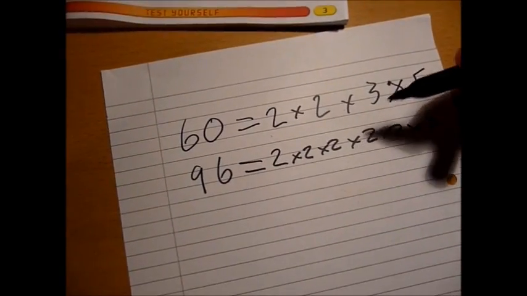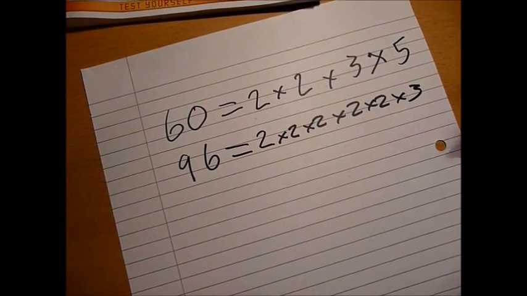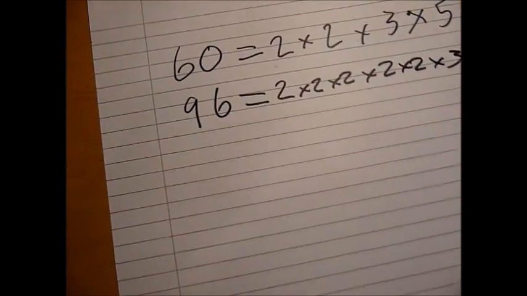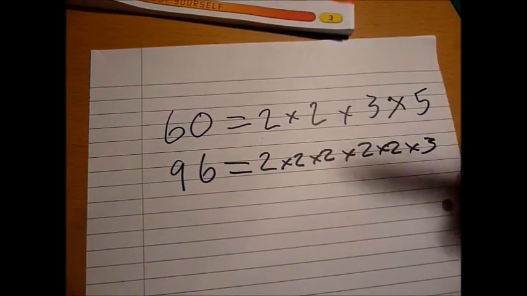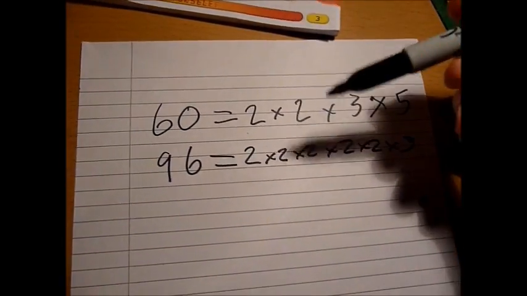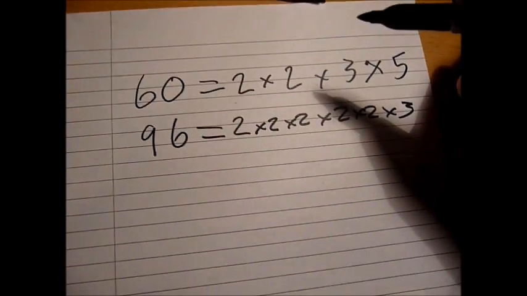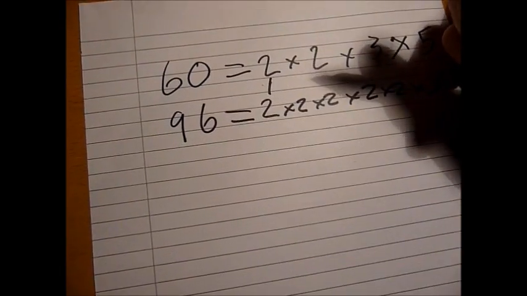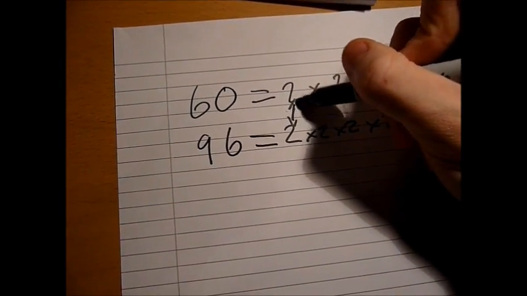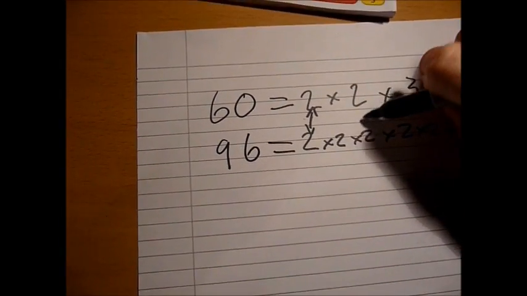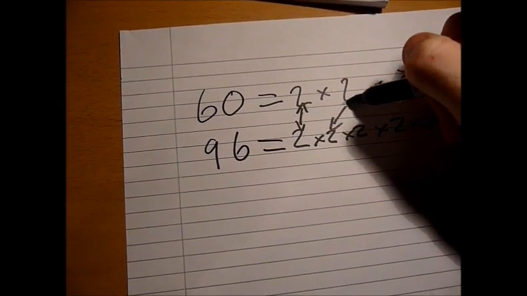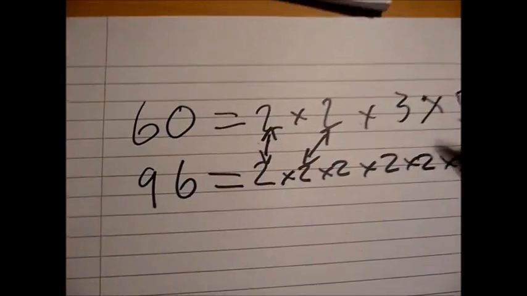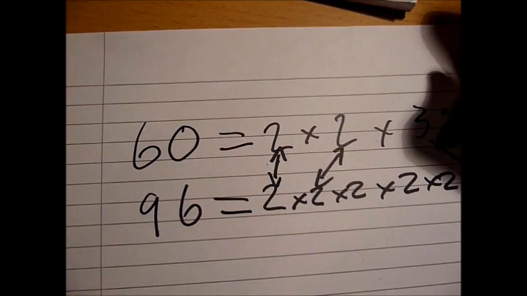Now, to find the highest common factor, what you do is pick out the ones that these two numbers have in common. So, for example, there's a 2 there, another 2 there. They have that in common, and there's also a 3.